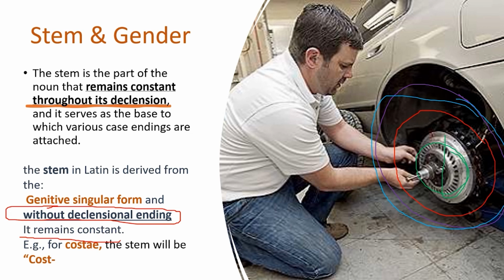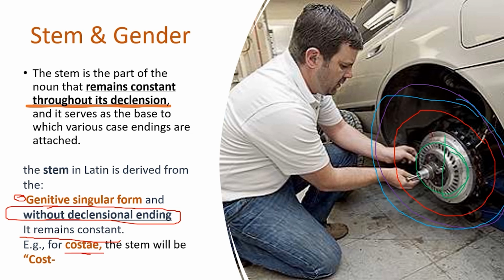Now let me give you an example. Suppose you want to derive a stem for the noun costae. Because, as I said, we need to use the genitive singular: nominative singular will be costa, genitive singular will be costae.